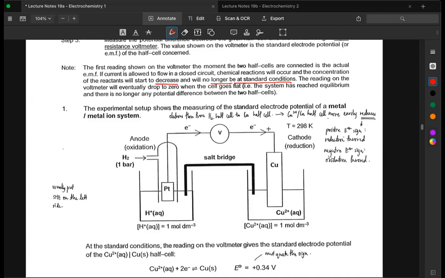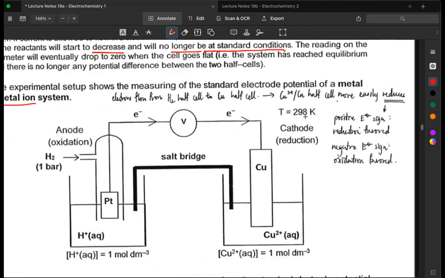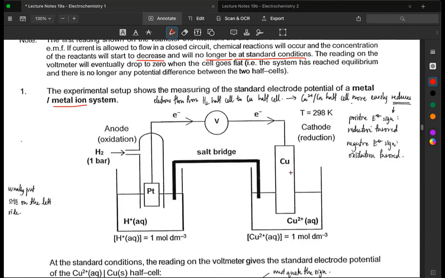All right. So this is an example of an experiment set up between copper. It's a metal and ion system here. So you have the anode here and the cathode. The electrons will flow from the hydrogen half cell towards the copper half cell. Why towards the copper? Because if you recall, copper is below hydrogen in the reactivity series.